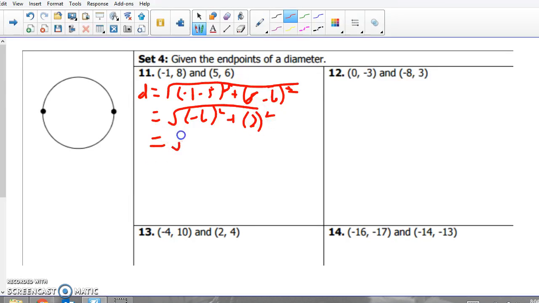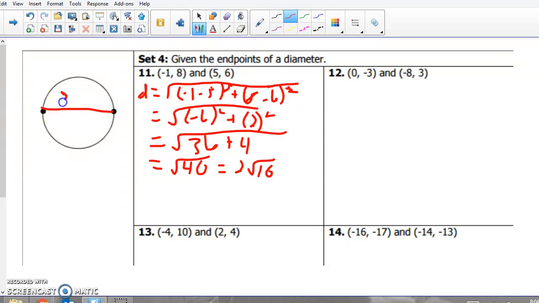So -6 squared is 36, 2 squared is 4. And I get the square root of 40, which comes out as 2 square root 10. Now, if you forget how to do that, let me know. So that gives me my diameter. I know this whole thing is 2 square root 10, so that means for my radius I divide that by 2. So my radius in this case is the square root of 10, because the 2 will just cancel out.